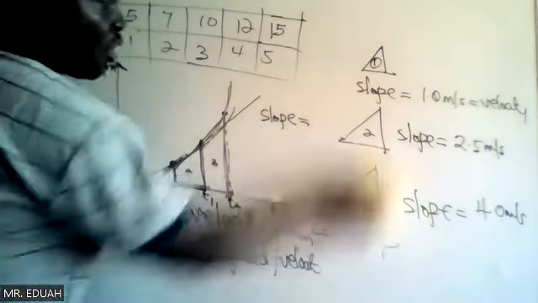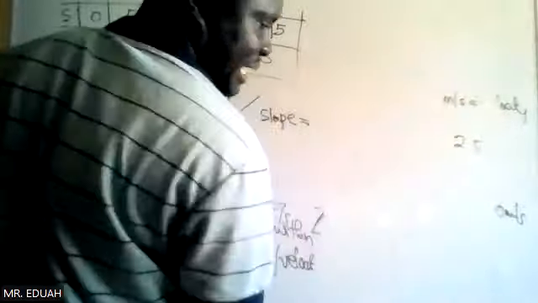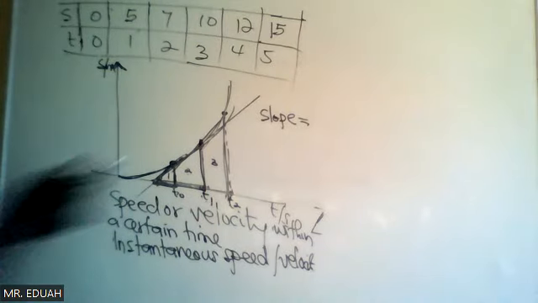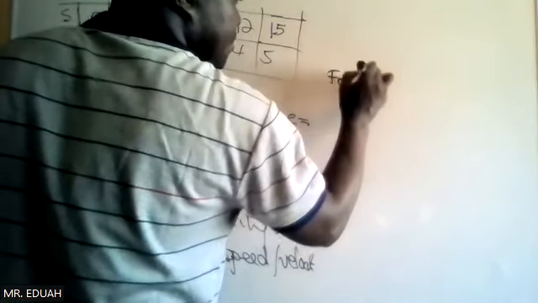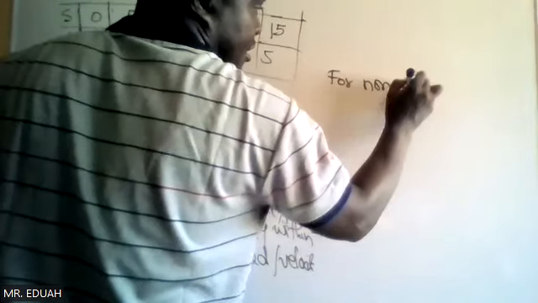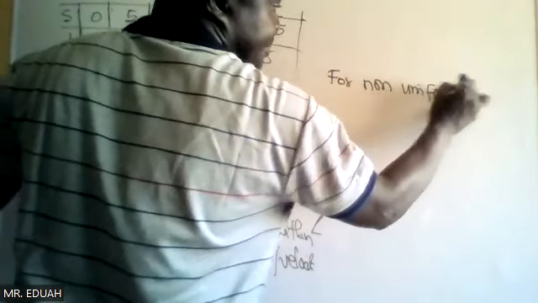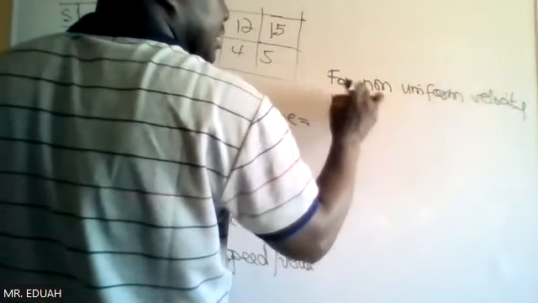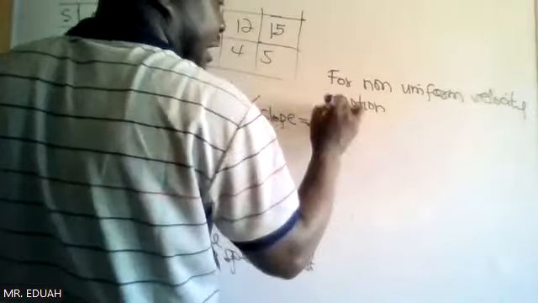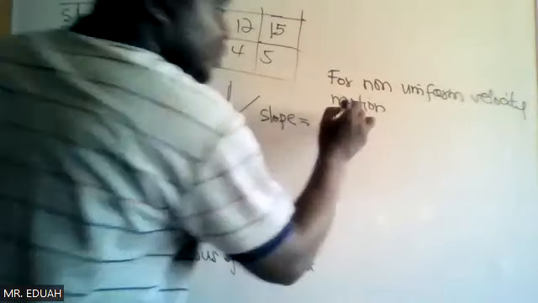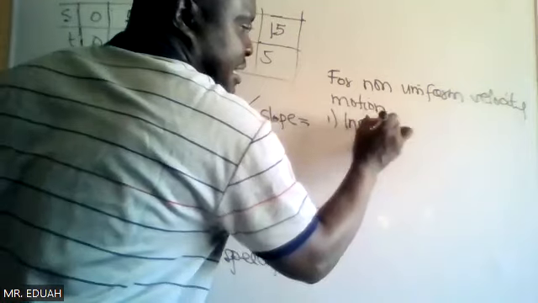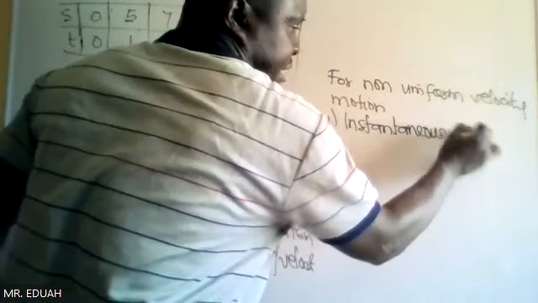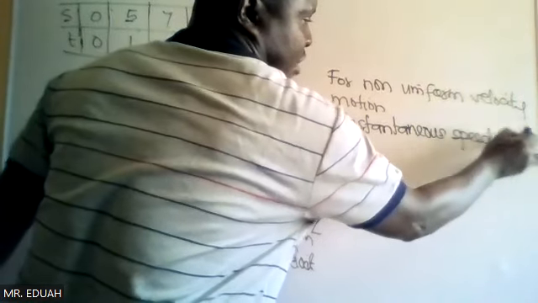Okay, so we have 2 main deductions from a non-uniform velocity motion. One, we have what we call instantaneous speed or velocity.